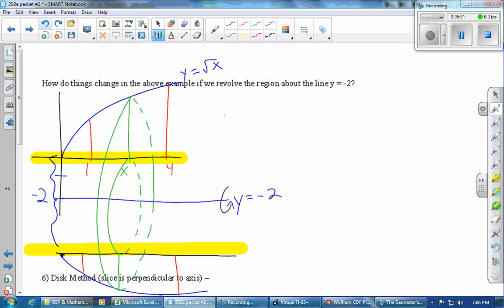So the goal here is to find the area in terms of the same x, but in this case, it is a washer. So how do we find the area of a washer? Well, the washer is just a big circle with a little circle cut out of it. So what we're going to do is area of the big circle minus area of the little circle.